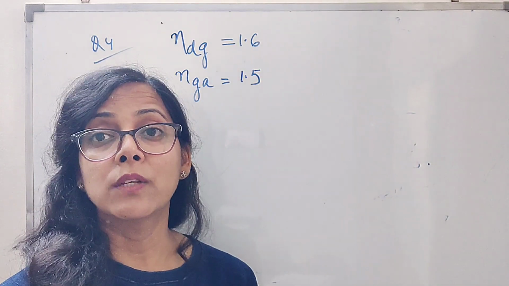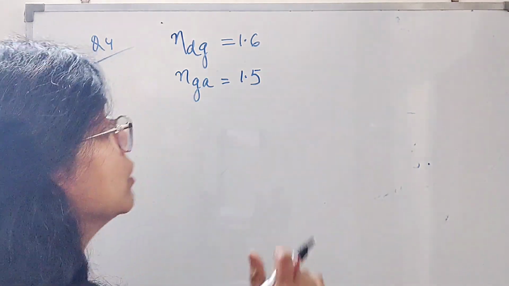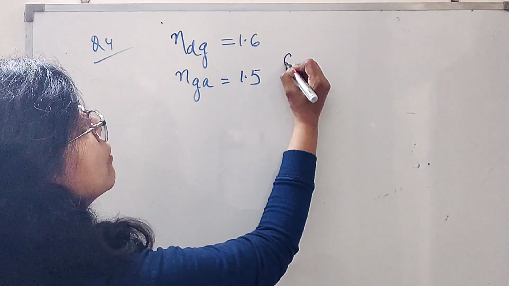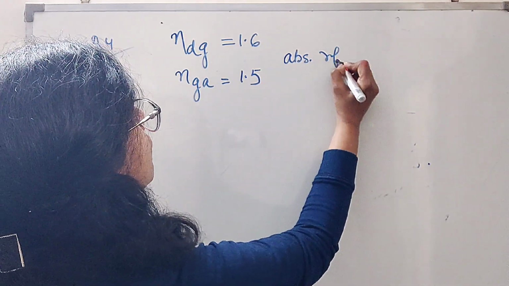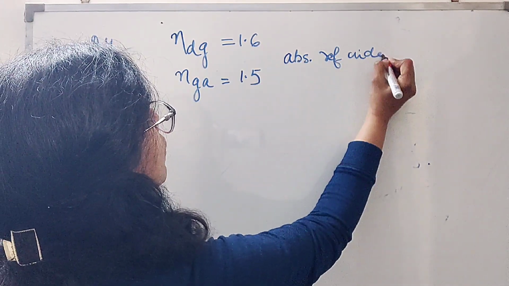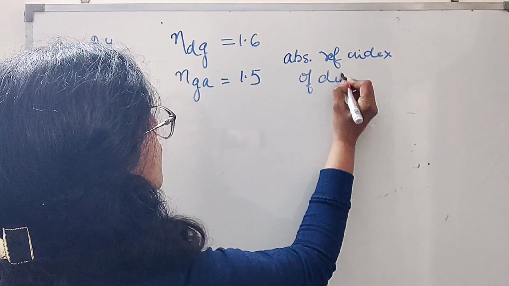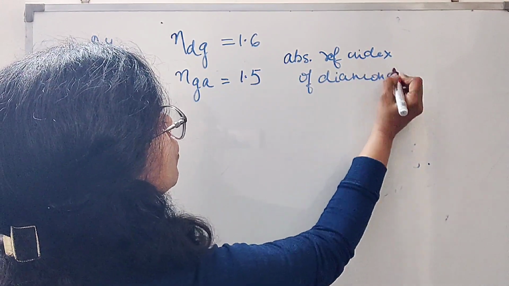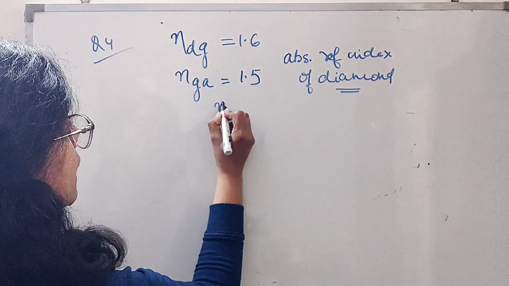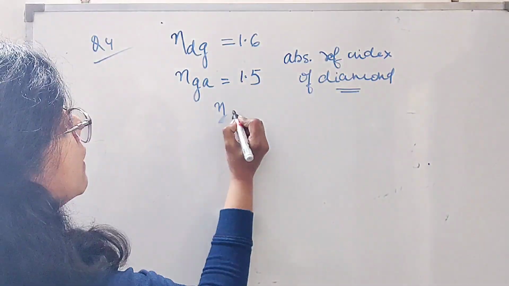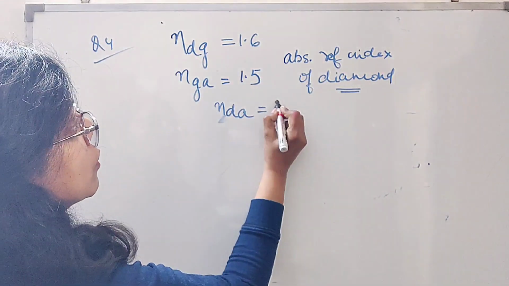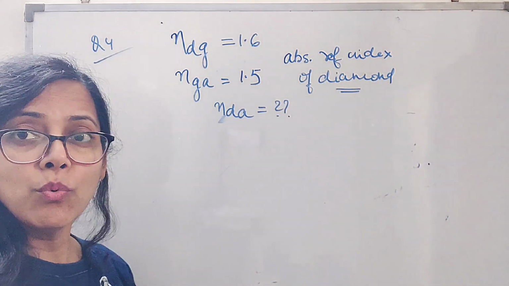Here we have to find out the absolute refractive index of diamond. So what does it mean? Absolute refractive index of diamond means that we have to find out NDA, with respect to air. These two values are given to us.